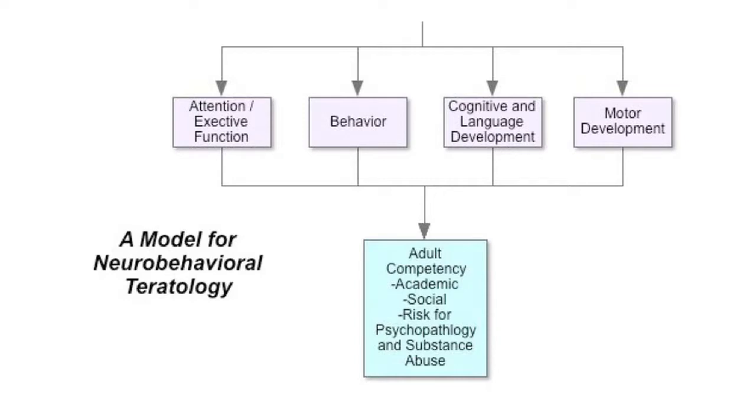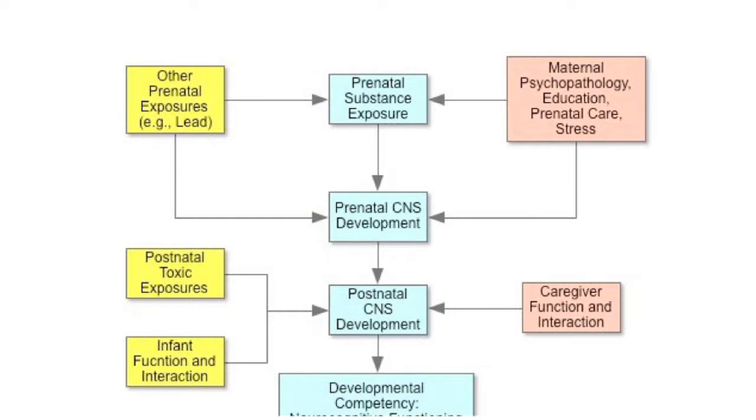Now we're going to start at the top, the blue square, the prenatal substance exposure, in this case alcohol. And we have to acknowledge that there are other prenatal exposures, including things such as lead, that the fetus may be exposed to. And all the while, we know that maternal psychopathology during pregnancy, education, prenatal care, stress, those factors also affect fetal development.